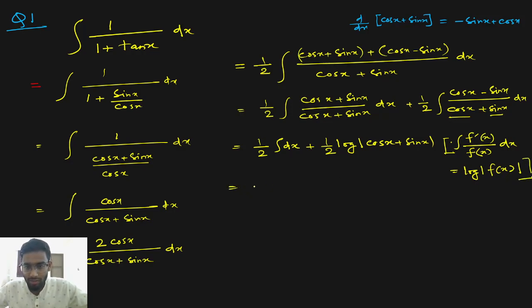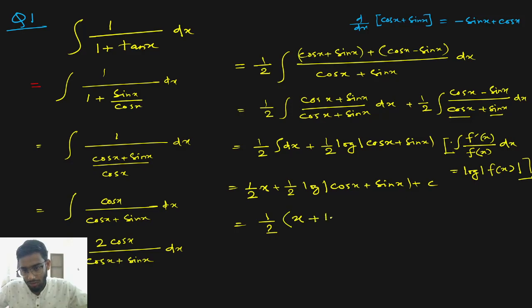In the first case, if you take the integration of dx, it is clearly x plus half into log mod cos x plus sin x plus 1 constant. Okay, if you take half common, or you can leave it here. If you want to take, you can write x plus log mod cos x plus sin x plus c. Okay, that's all.